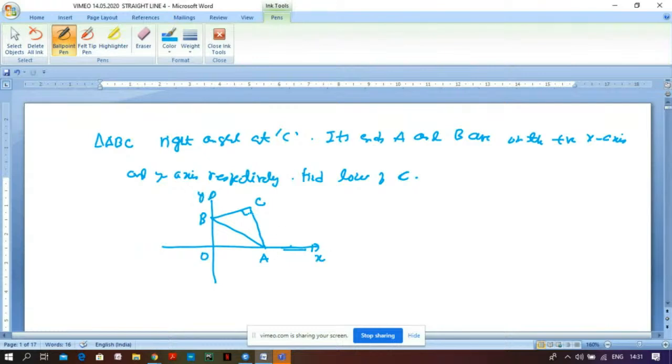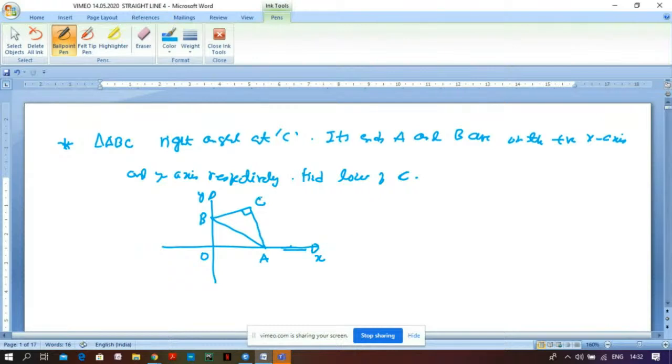The triangle's ends A and B slide on the axes such that A and B always are on the positive x and y-axis respectively. You want to find the locus of C. It's a challenging problem. If you're looking at it the first time, please attempt it yourself, grab a piece of paper. But anyway, I have to tell the solution, so I will start like this.